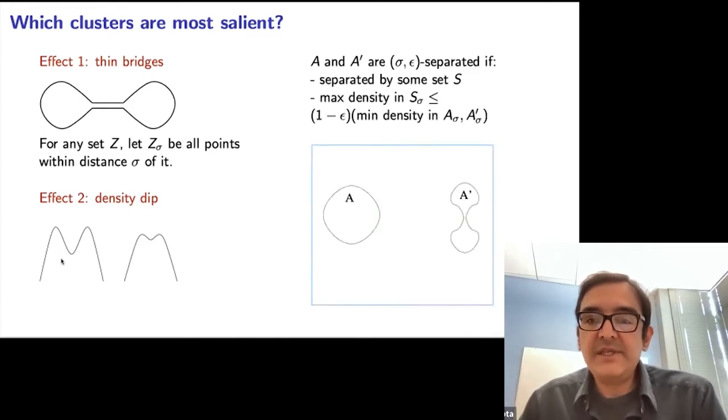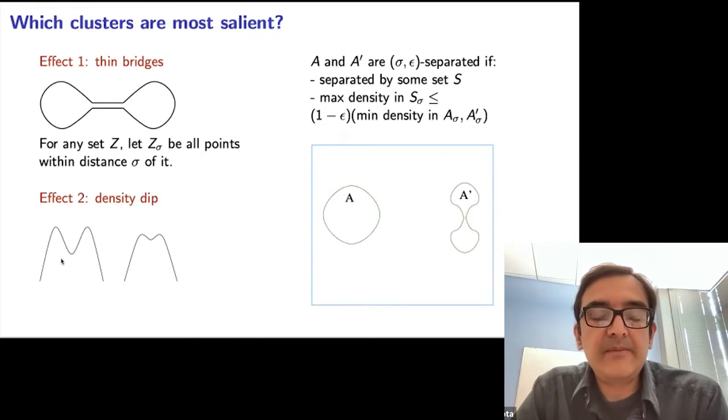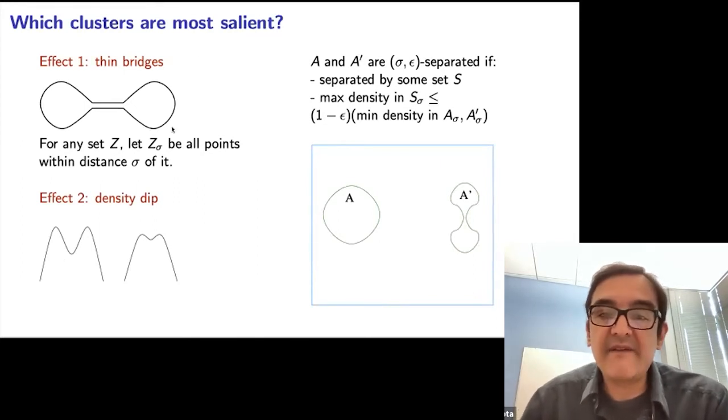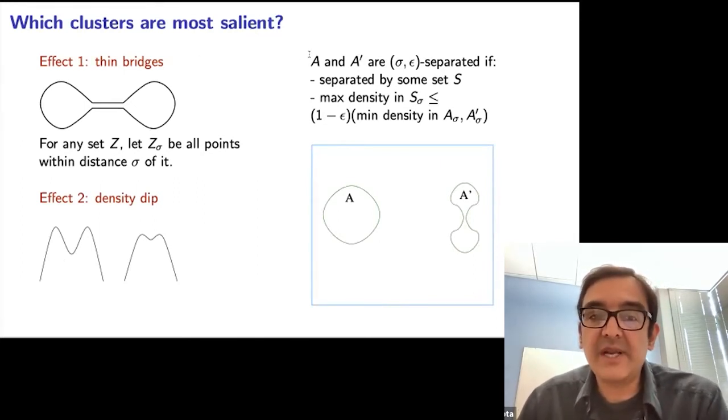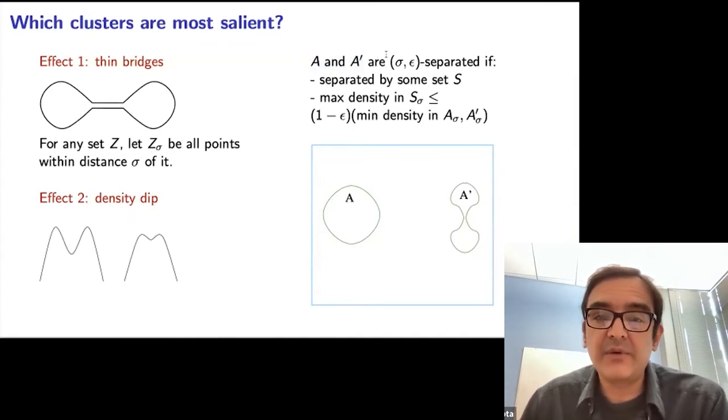So just these two notions give us a definition of what it means for regions of R^d to be separated. Here are two regions, A and A prime, and these are just any old regions. They will in general be pretty weird looking.